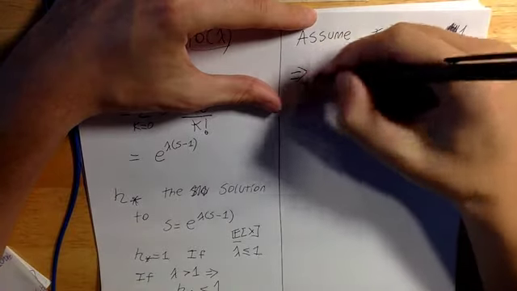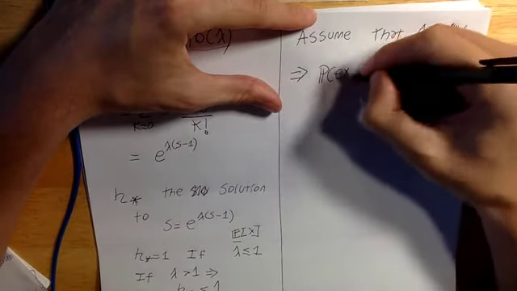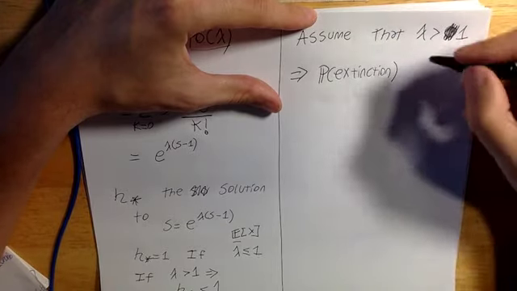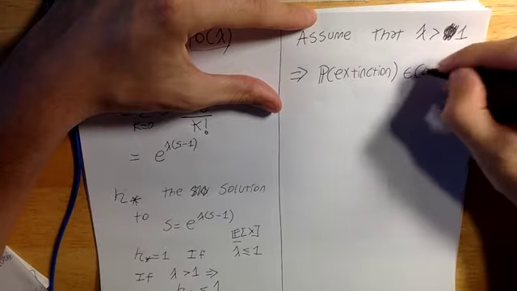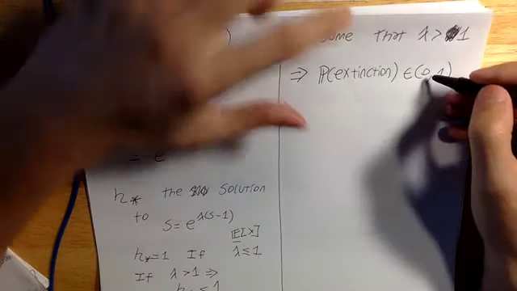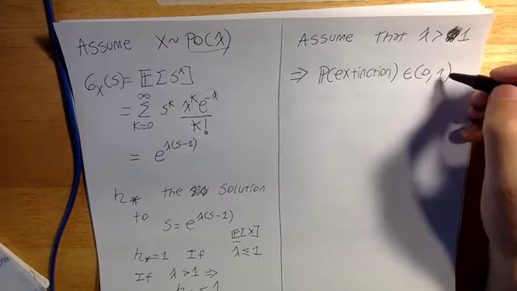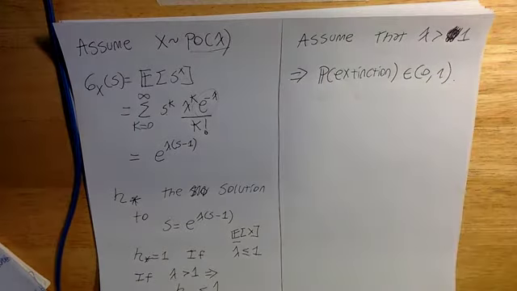Then the probability of extinction is a number between 0 and 1. Okay, so the probability of extinction is non-zero, and it's actually smaller than 1 because we are under the case that lambda is bigger than 1.